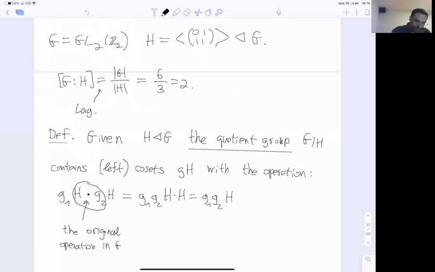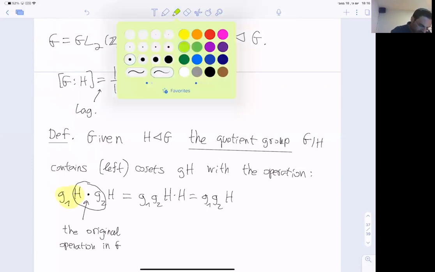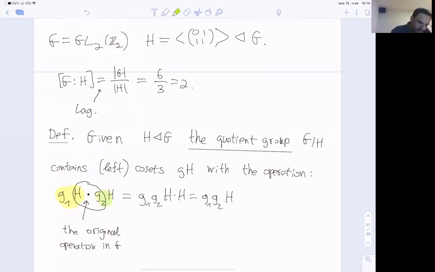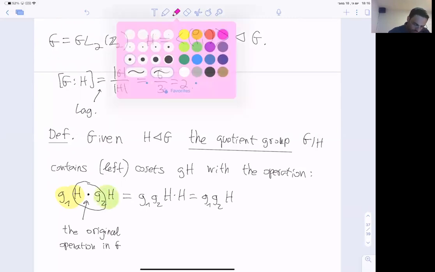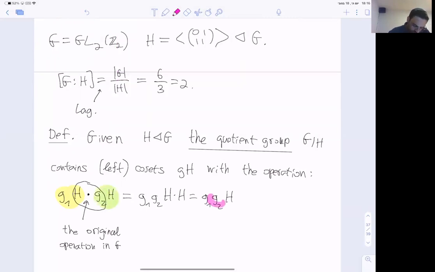So we take this, we multiply it by this, and we get a new element in the quotient, which is this. And it is well defined because HG2 is exactly like G2H.